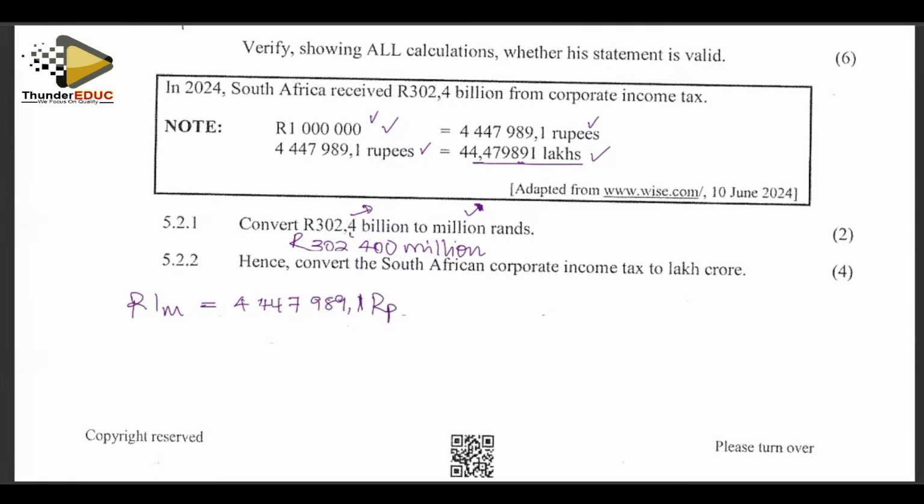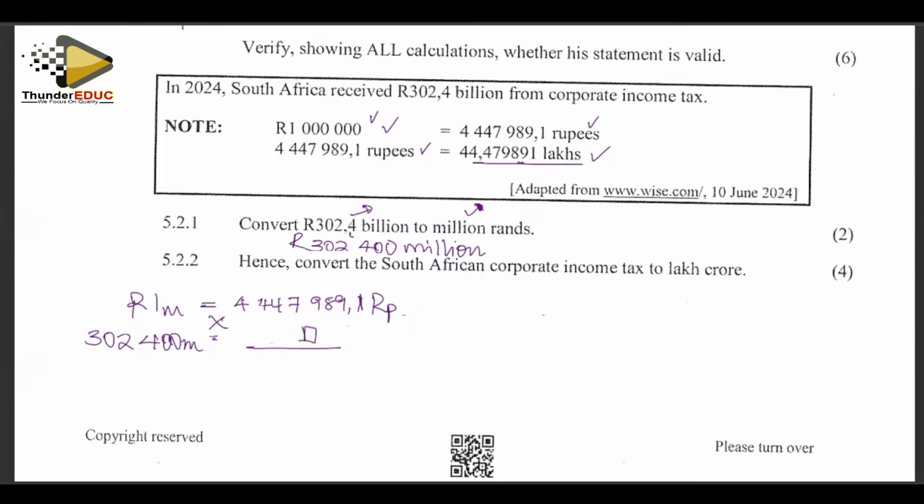These are rupees, 1,000,000 rand. This is million. Now, where you have 302,400 million, what will it be in rupees?